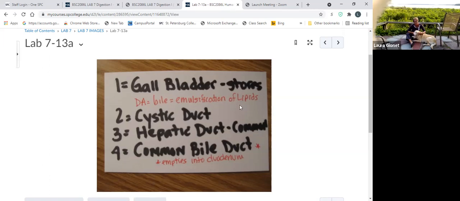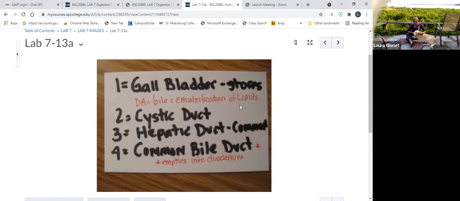Emulsifying fats means it acts kind of like a phospholipid, where it has one end that likes to interface with a fat, which is non-polar covalently bonded, and the other end likes to interact with something polar covalently bonded, like water. So they will kind of form a circle. It'll surround a fat molecule or some fat molecules to break up a large mass of fat into small little beads of fat, so to speak.